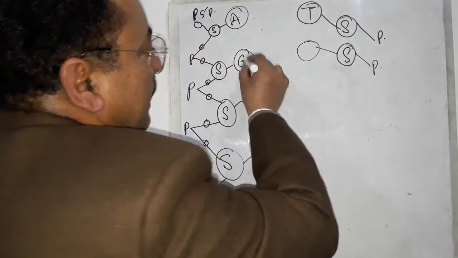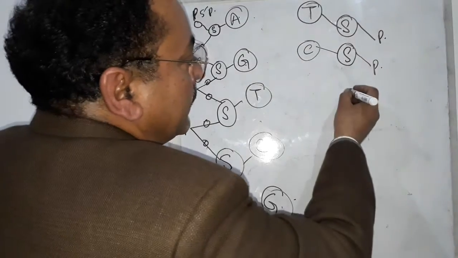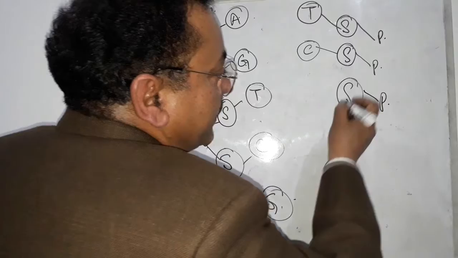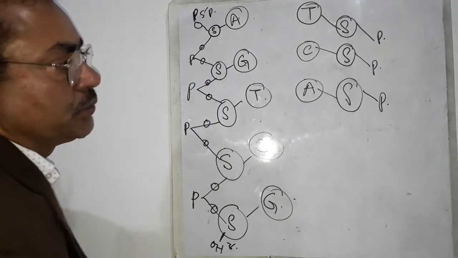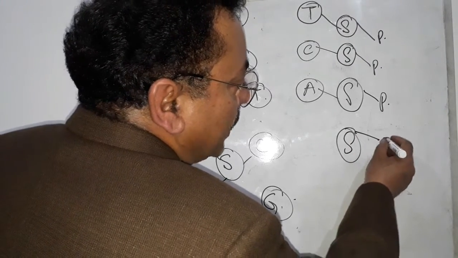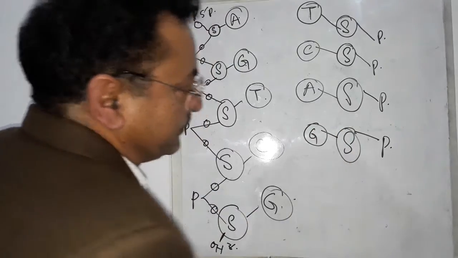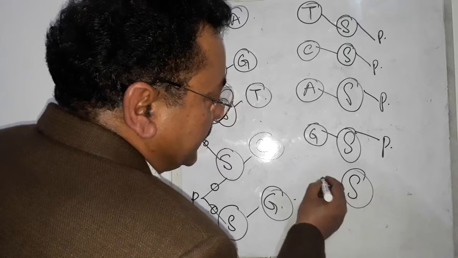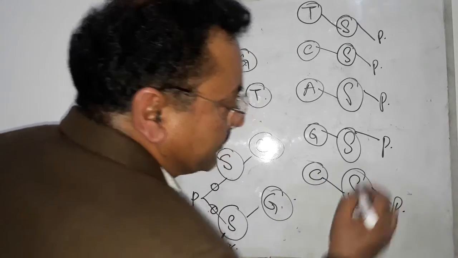Suppose complementary to guanine we have cytosine. Again another sugar, this is phosphate, and this is adenine, a nitrogenous base complementary to this one. Then again sugar, this is its phosphate, and this is sugar guanine. Then again another sugar, this is the cytosine base, and this is phosphate.